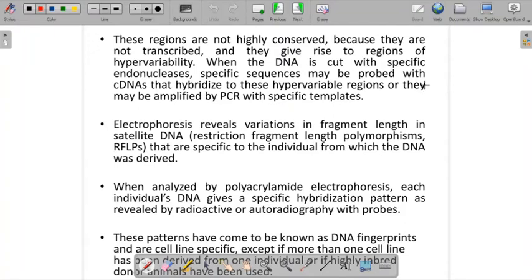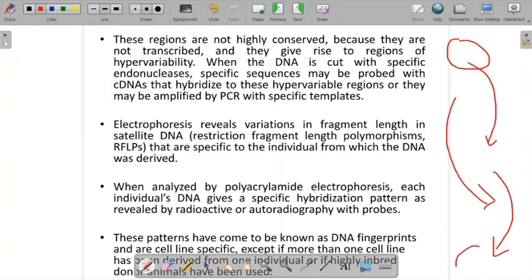Microsatellites give us an idea about the cell line, because the same microsatellite DNA transfers from generation to generation. So once we do the fingerprinting analysis, we use several probes, like restriction fragment length polymorphisms, RFLP, and we do hybridization. DNA fingerprinting is basically a hybridization technique, right?